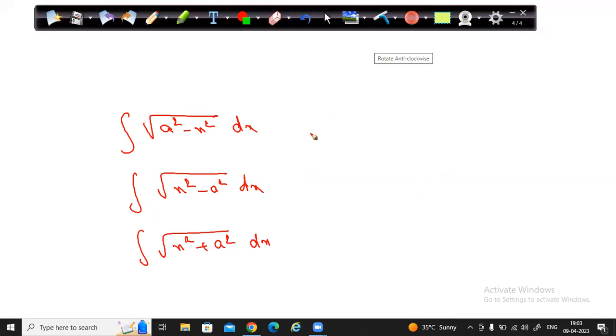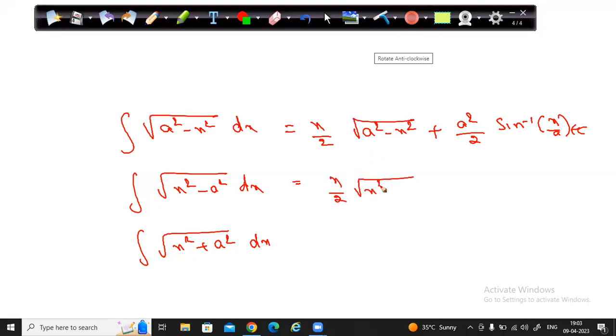So the integral of root of a square minus x square is x by 2 root of a square minus x square plus a square by 2 into sine inverse of x by a plus c. The integral of root of x square minus a square is x by 2 into root of x square minus a square minus a square by 2 ln mod x plus root of x square minus a square plus c.